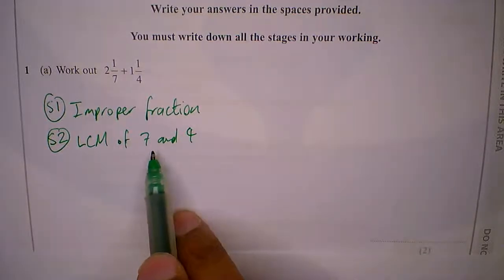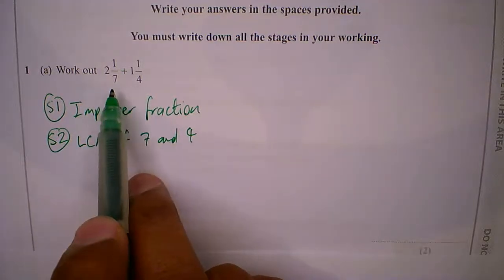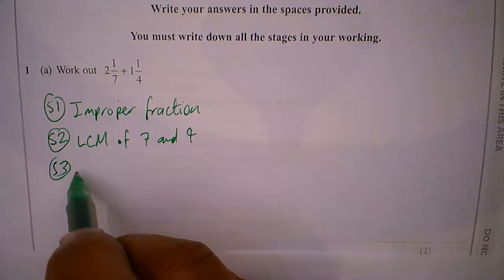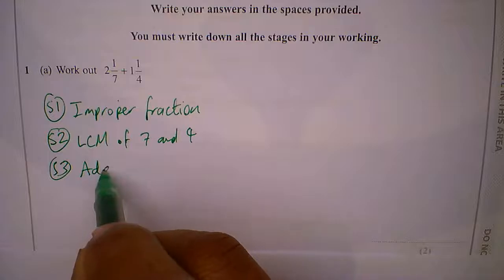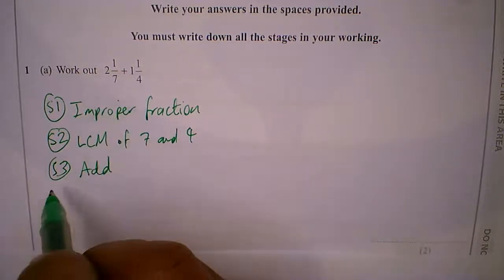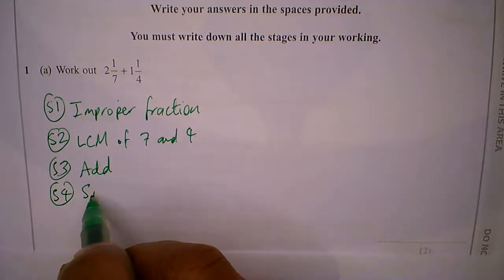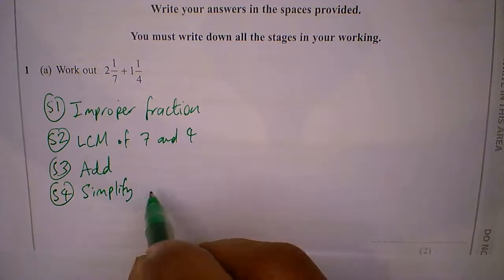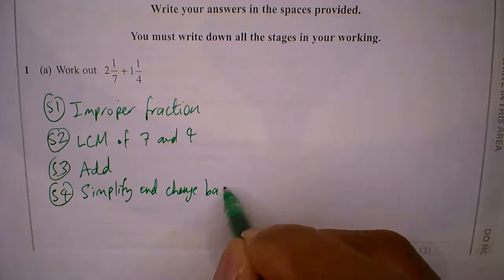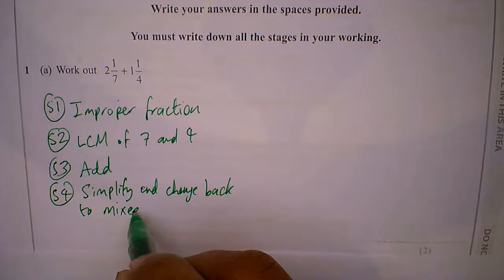So what number does 7 and 4 go into? Once I've made the denominators, the bottom numbers, the same, I can then add them. Step 3 is add. And then once I've added them, step 4, I can change back to a mixed number. So I can simplify and change back to mixed numbers.